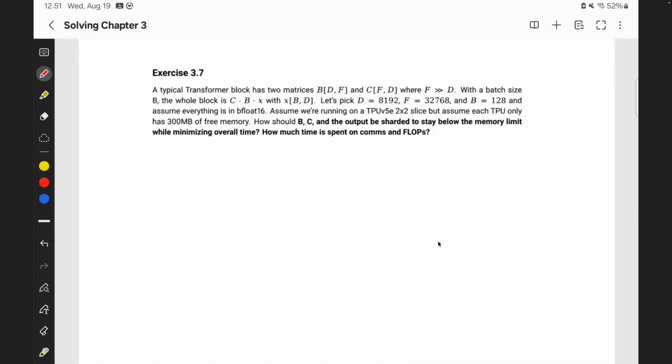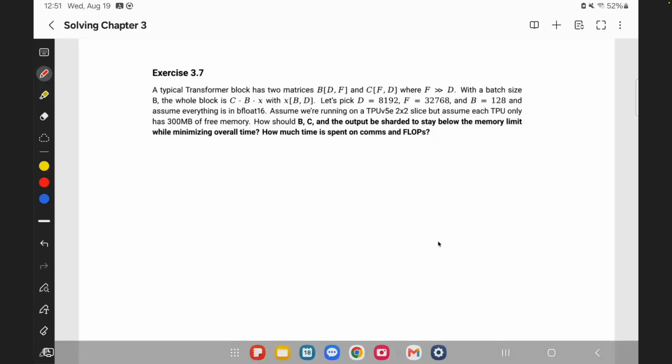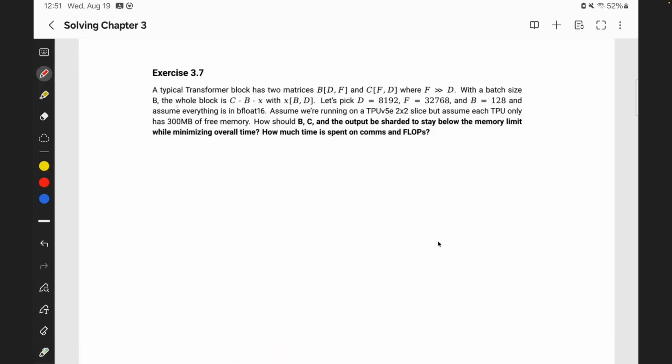Okay, now let's get started with question number 7. The question is, a typical transformer block has two matrices, where F is much greater than D, and with a batch size of B, the whole block is C = B times X, and let's pick D equals this much, F is this much, B equal to 128, and assume everything is in bfloat16.